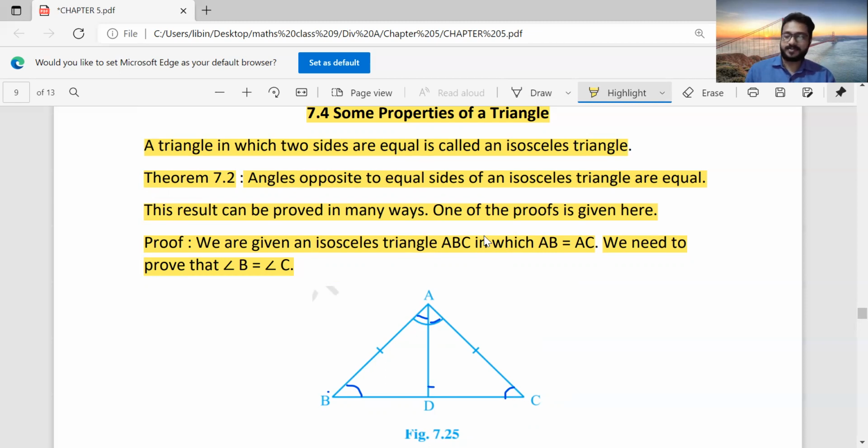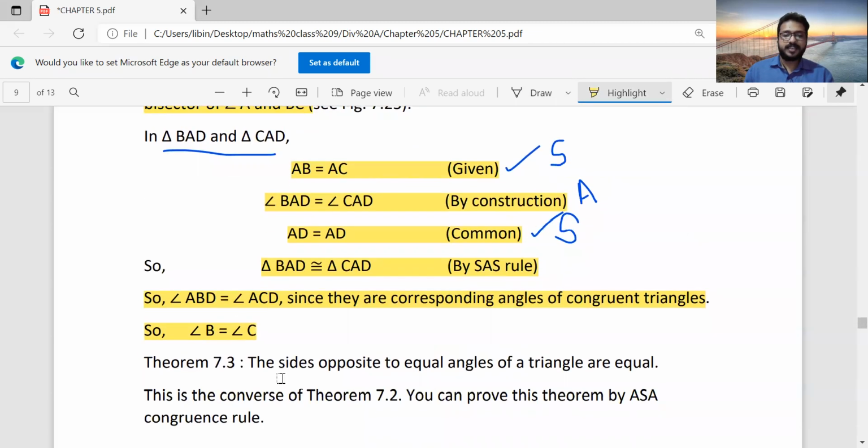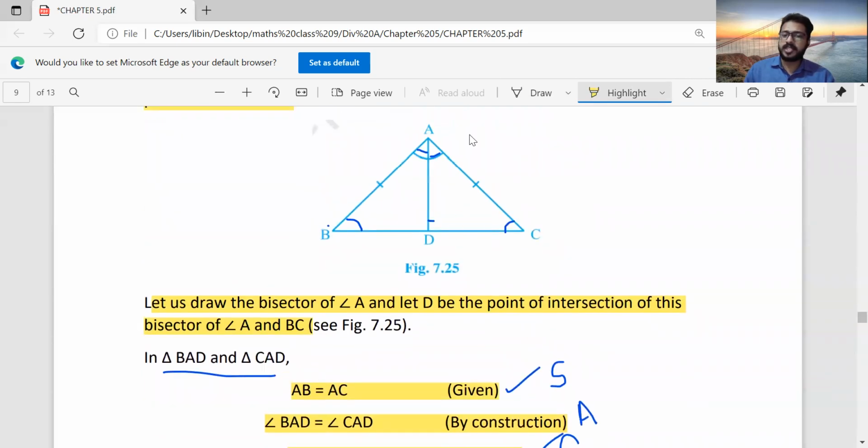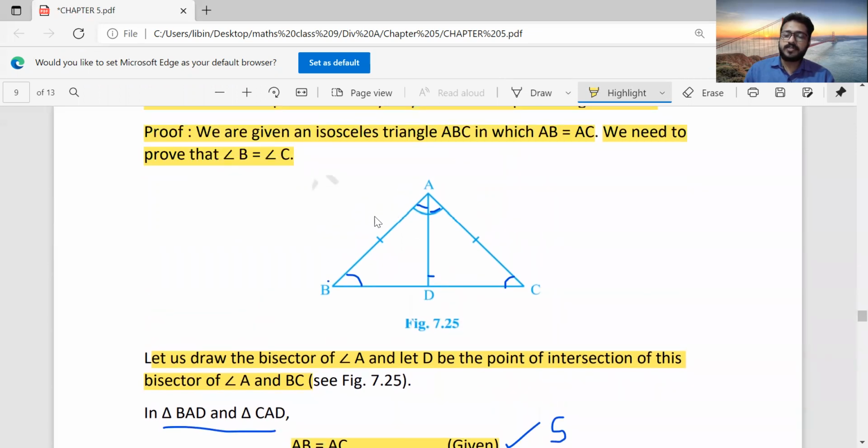The sides opposite to equal angles of a triangle are equal. This is the same as our previous theorem, the only thing is it is the converse. We can prove this theorem by the ASA congruence rule. In the same manner, you can proceed, but instead of AB and AC, what is given to you?